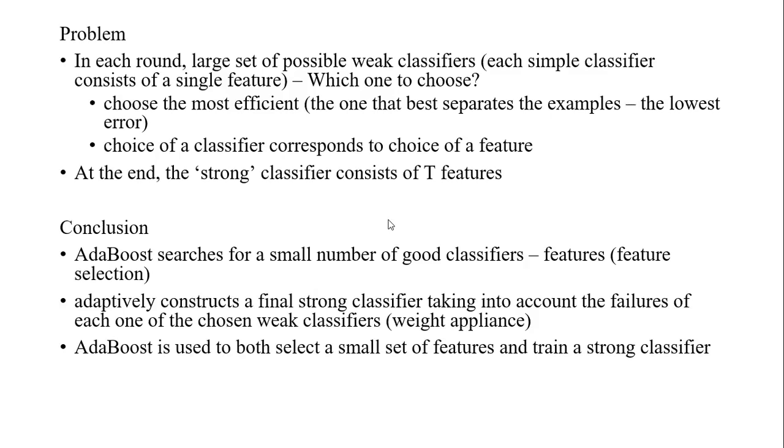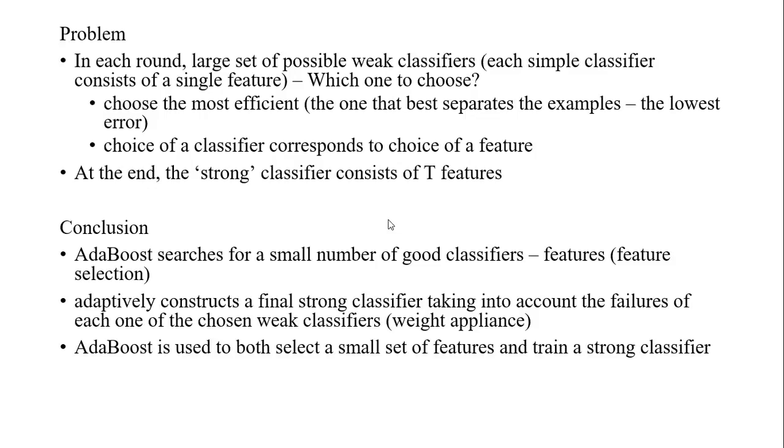Now, talking about the AdaBoost algorithm in a nutshell, the main problem is that in each round, a large set of possible weak classifiers are obtained. But the question here is which classifier do we choose? Because each and every classifier has a single feature. Like I previously mentioned, we need to decide which feature is important and which feature is unimportant.